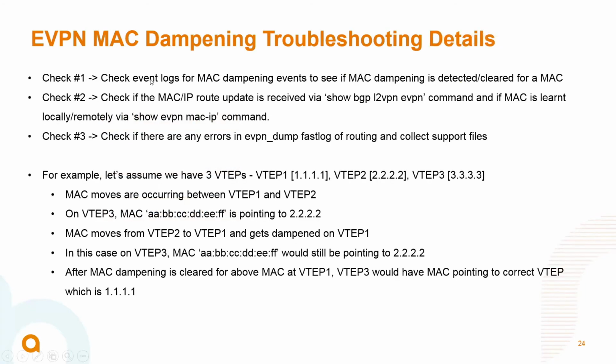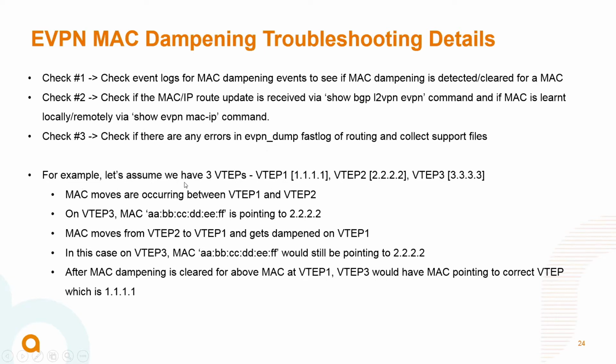Check one is the event logs, like we saw before, to see if MAC dampening is cleared or detected. Check two is to check whether this MAC IP route is received via the show BGP L2VPN EVPN command, and if the MAC is learnt locally or remotely via the show EVPN MAC IP command. Check three would be to check if there are any errors present in the EVPN dump fast log of routing, and then collect the support log files. I shall show you all these things in the demo.